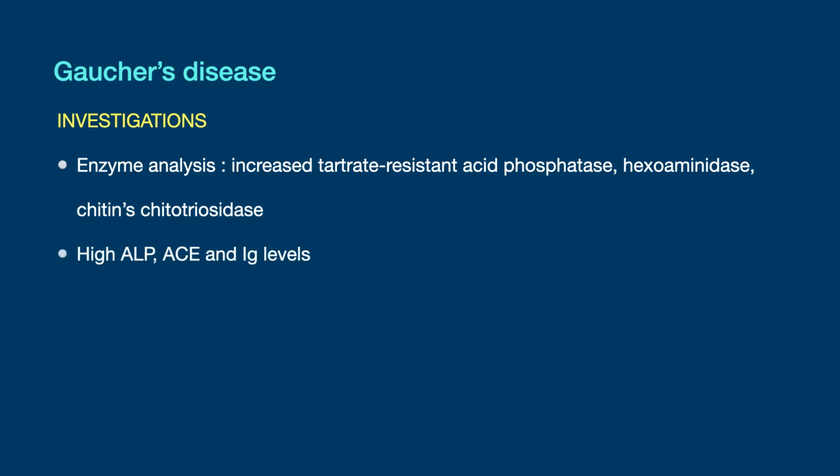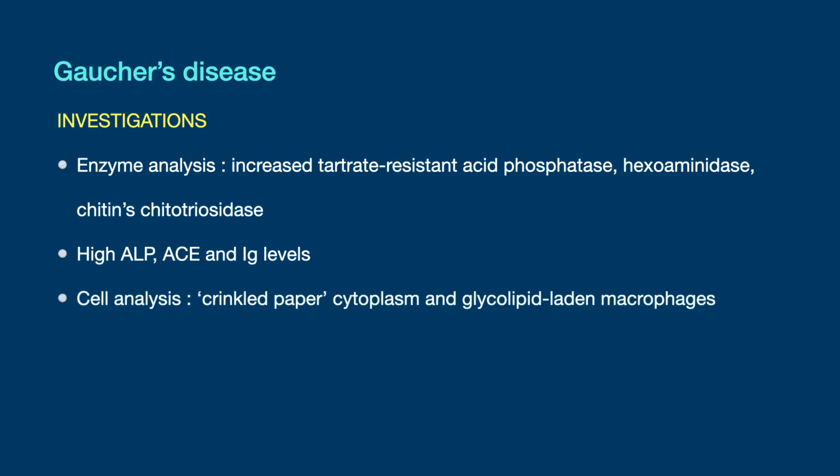Other biochemical abnormalities that are seen include high ALP, angiotensin-converting enzyme, and immunoglobulin levels. Cell analysis may show crinkled paper cytoplasm, and glycolipid-laden macrophages. As for the treatment, we require recombinant glucocerebrosidase.